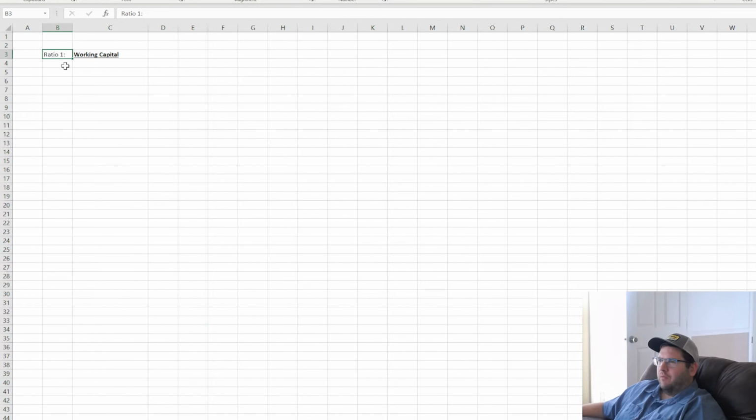So working capital. Let's look at it. So you're going to obviously pull this off the balance sheet. So balance sheet is one of the financial statements. Of the main three, there's cash flow statement and income statement.